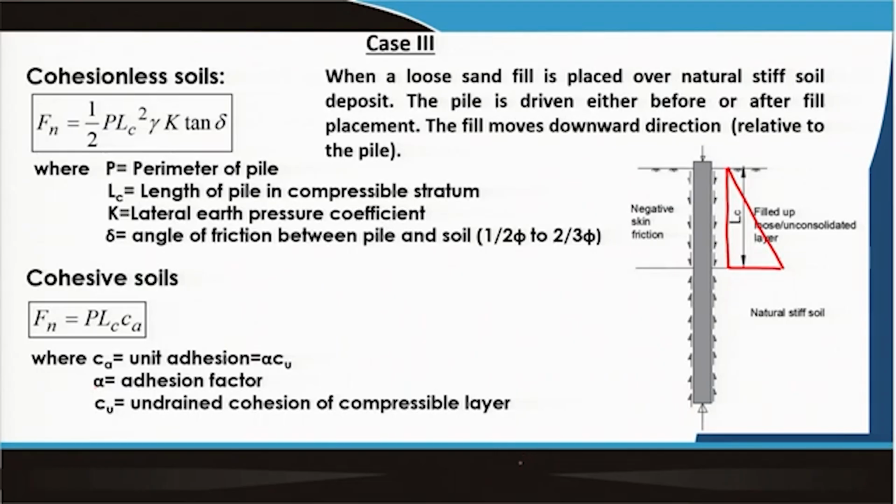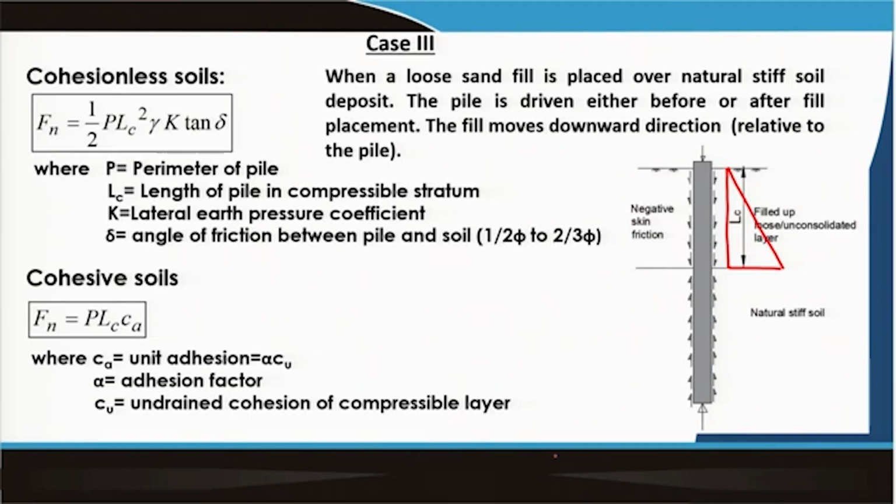Otherwise, straightforward, three cases. First case, consolidated clay over cohesionless soil, where you have to use the drained properties, CD properties. Second case, cohesionless fill is placed over the compressible consolidated layer, drained properties. And the third case, where very loose sand is placed over a very stiff soil, then you have to use the cohesionless skin friction contribution.